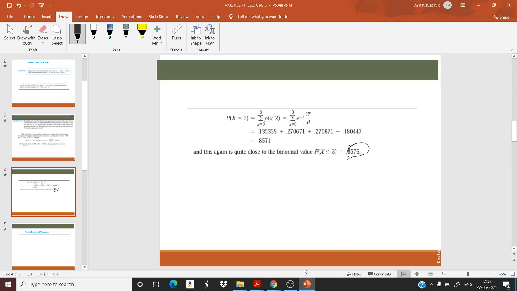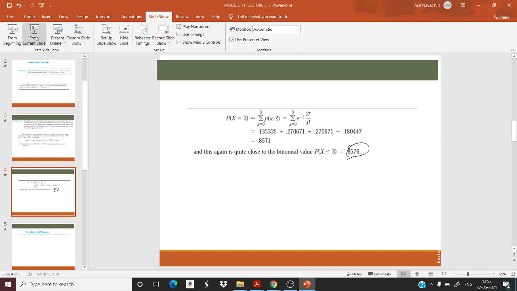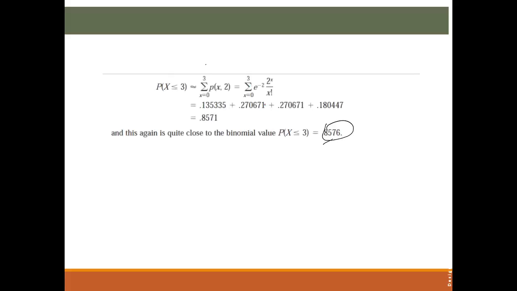Or you can calculate like this, one by one. Now from the binomial table, if you are taking the binomial table, P(X ≤ 3) is this value.